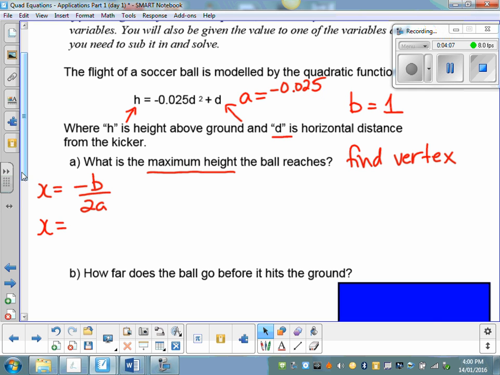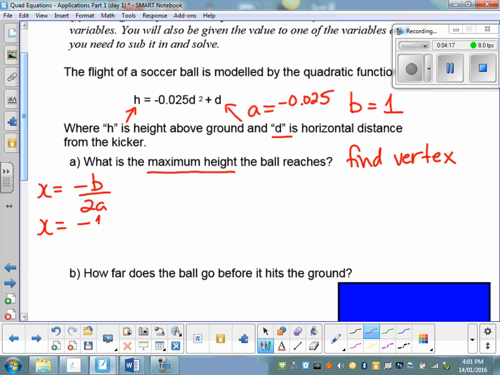Okay, so there are my A and my B. And there is no C value. So C is equal to 0. We just need A and B here for the little formula. So this is going to be negative 1 over 2 times negative 0.025. And when I calculate and do that division there, I end up with x equals 20.